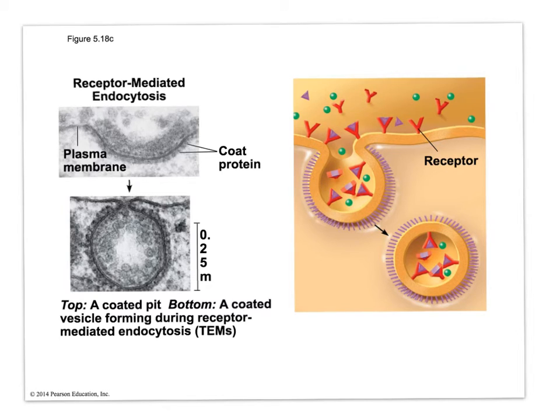You have to identify which part of the membrane is going to be brought in. So the proteins identify that part, and then it starts to come in, eventually forming what's called a clathrin-coated pit.